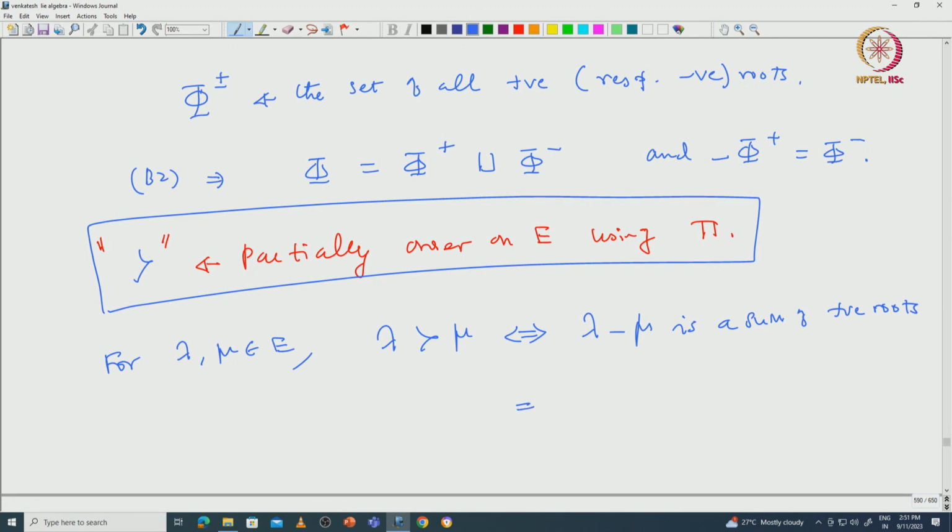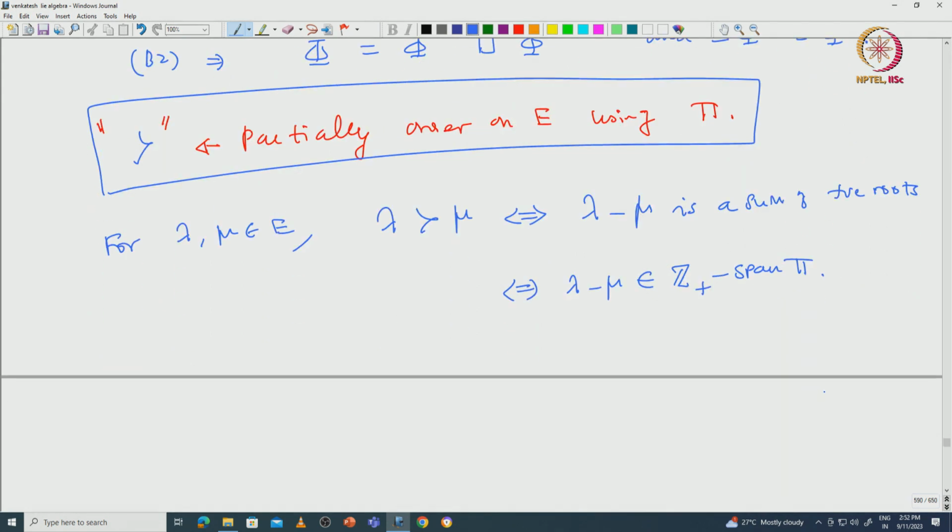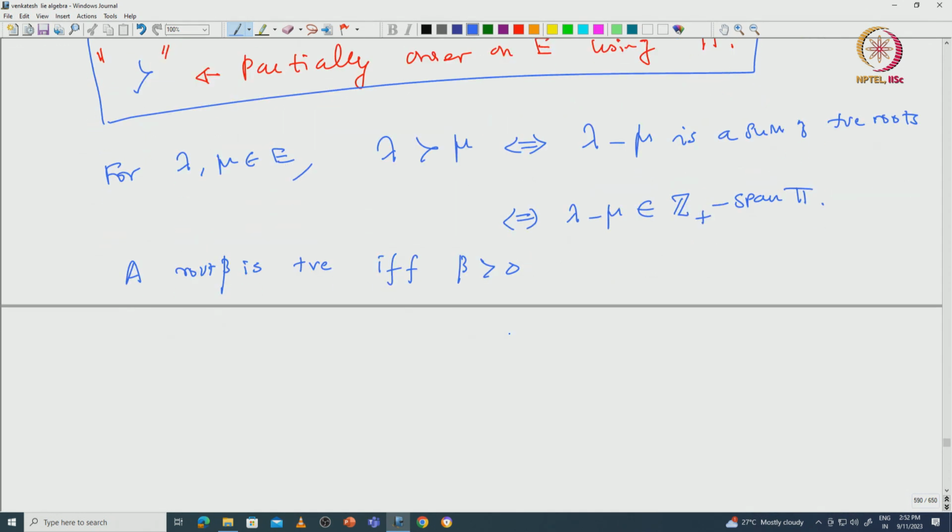From the earlier observation, this holds if and only if λ minus μ is inside the Z⁺ span of Π. That is how you define this partial order. I will leave it to you to check that this is actually a partial order. From this definition, a root β is positive if and only if β is greater than 0. So this partial order in a way suggests how to define positive roots and negative roots.